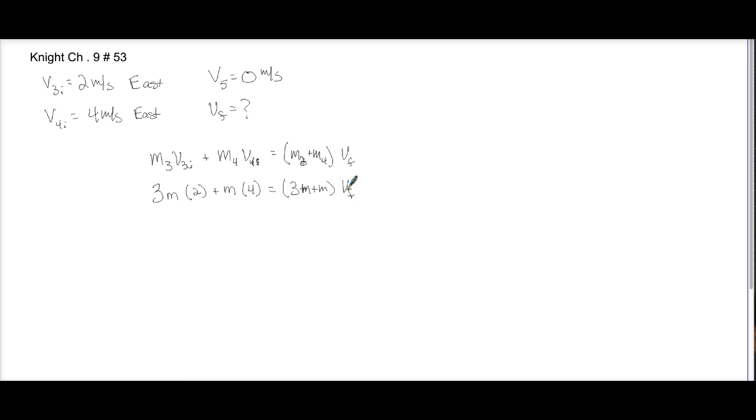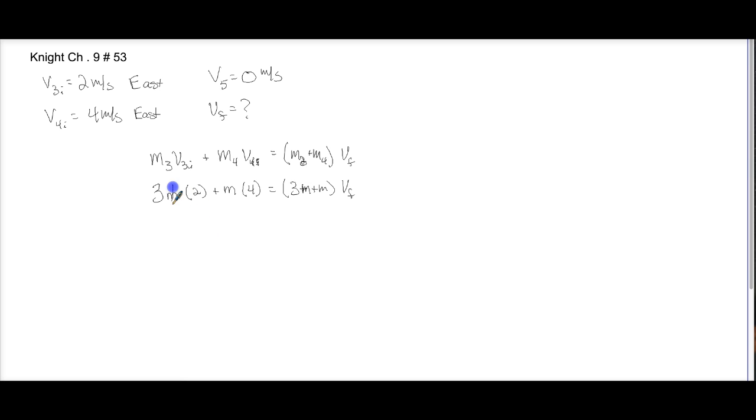So what we're trying to do is find the final speed of the 4-car train system before we look at the 5th, because they're going to have some combination of speed before they hit the 5th car.